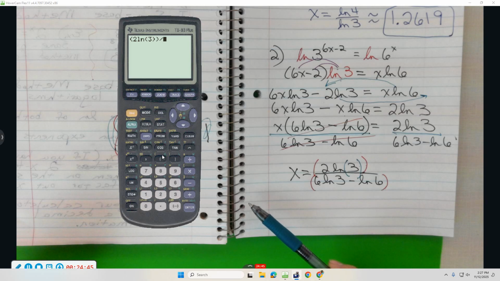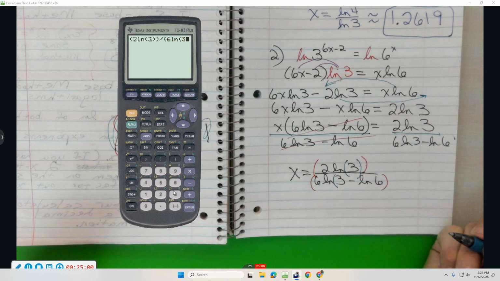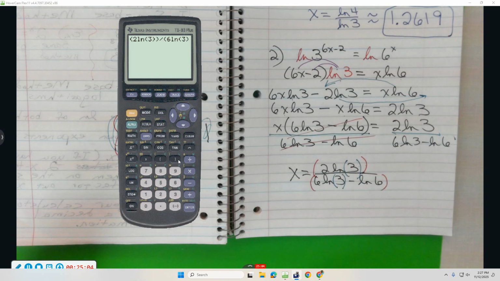Divided by, now I'm about to hit red parentheses. I'm going into the bottom. 6 LN 3. It opened a parenthesis around that 3, so what does he need to do? Close the parentheses. Then we have subtraction. If your calculator has a different negative sign from subtraction, make sure you're using the minus sign.